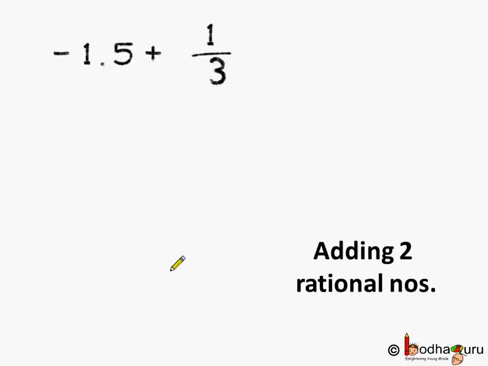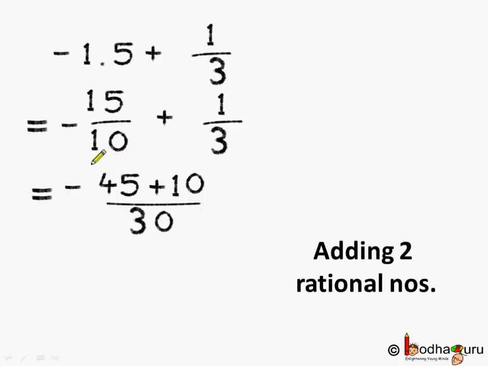Let's add two rational numbers, minus 1.5 plus 1 by 3. Here 1.5 can be written as 15 by 10, and putting the minus sign we get minus 15 by 10 plus 1 by 3. Now 30 is the LCM here.